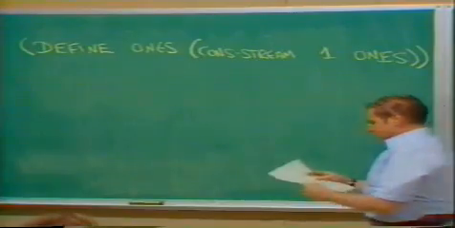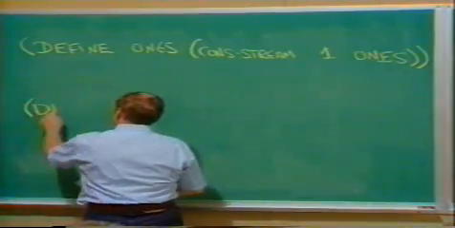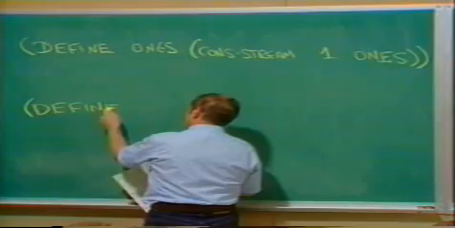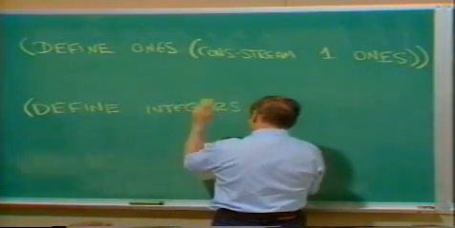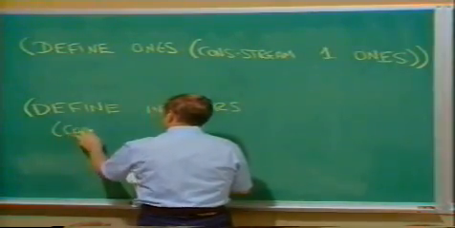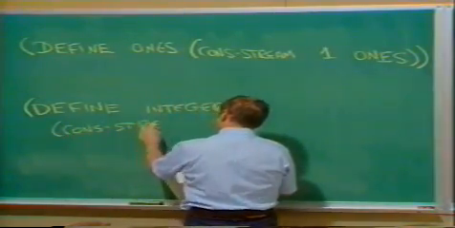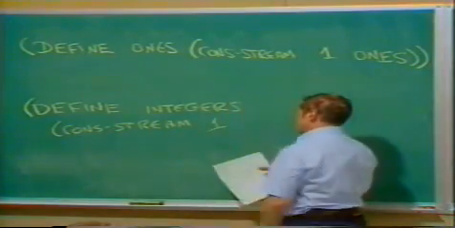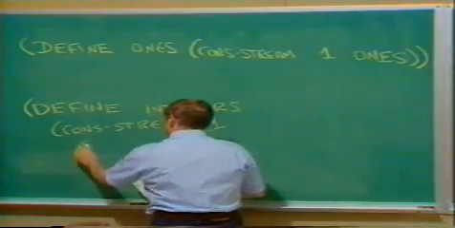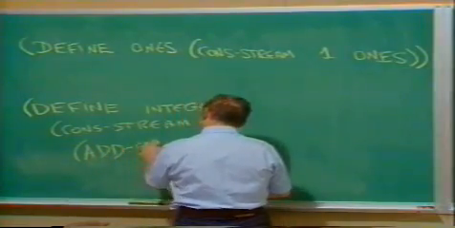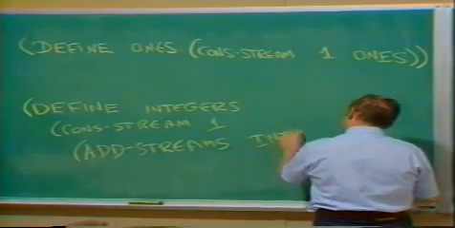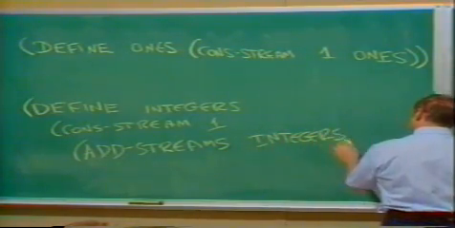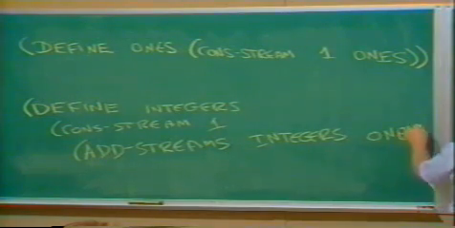And now using that, let me give you another definition of the integers. We can define the integers to be, well, the first integer we'll take to be 1, cons-stream of 1, onto the element-wise sum, onto add-streams of the integers to ones. Okay.